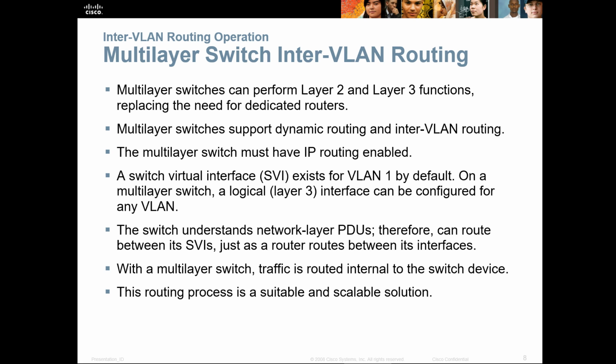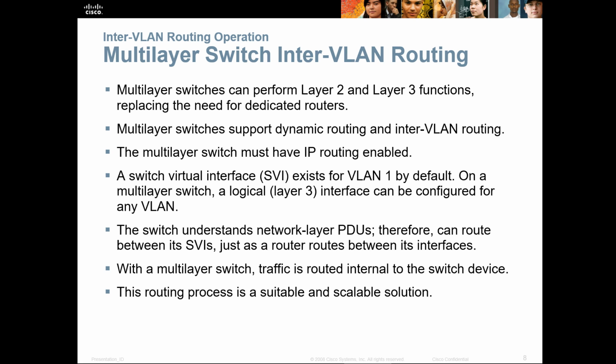Multilayer switches support dynamic routing and inter-VLAN routing internally on the switch because it's a Layer 3 device. The multilayer switches have to have an IP address. They have to have a virtual switched interface, also known as a switched virtual interface.